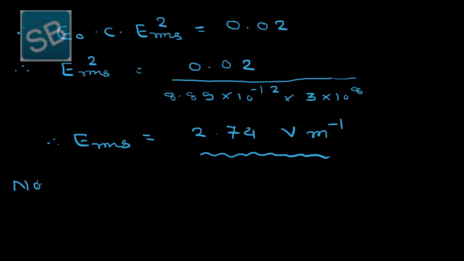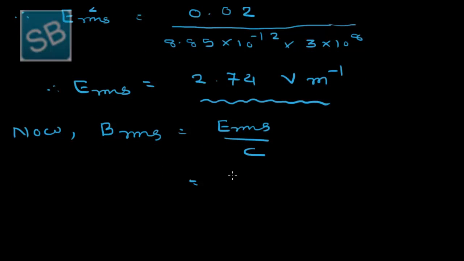Now, according to characteristic number 2 of electromagnetic waves, electric field and magnetic field are related by one equation, and from this equation I have rearranged these terms. So B RMS is 2.74 divided by the velocity of light, that is 3 into 10 to power of 8.